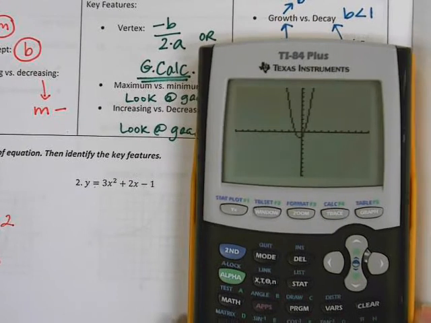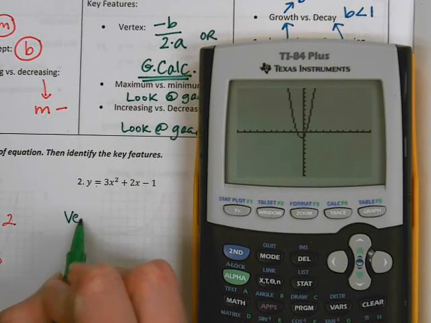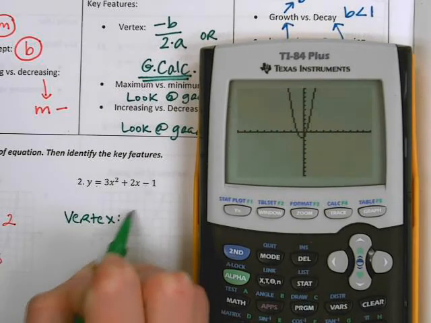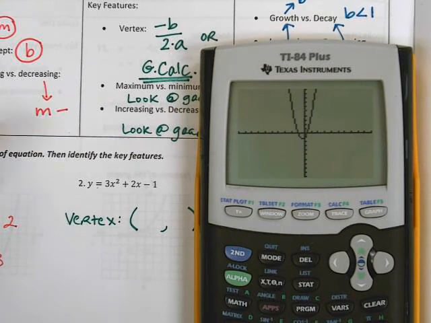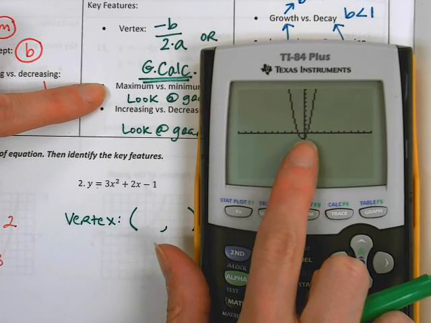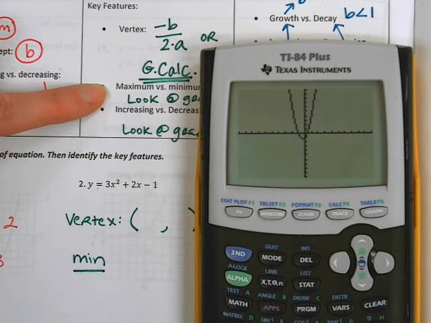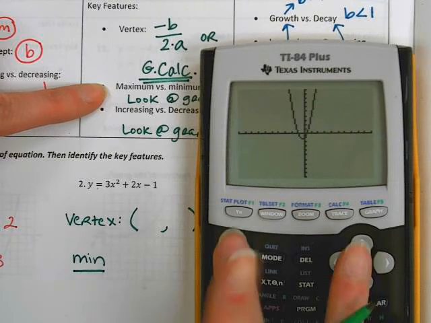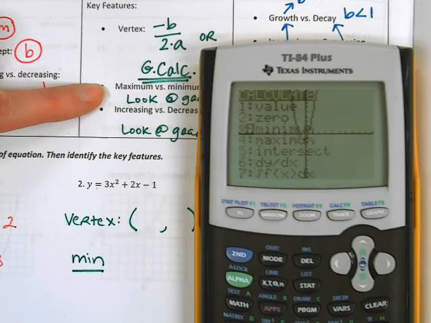Okay, so the key features for the quadratic are the vertex to start. So what is the ordered pair of the vertex? Oh, actually, let's do max or min first. Is it a max or a min? And since the vertex is at the bottom, it's a min. Okay, to find it, second trace, option number 3, minimum.